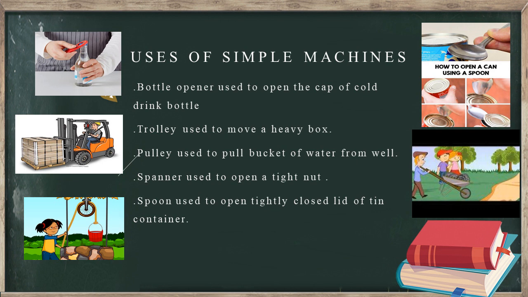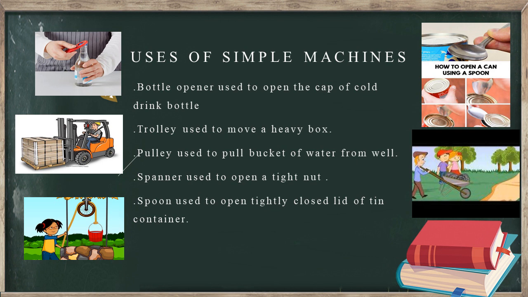Bottle opener is a simple machine that makes the work easier for us. Similarly, if we try to lift a heavy box with one hand, we will not be able to do so. We need a trolley to lift the box easily.